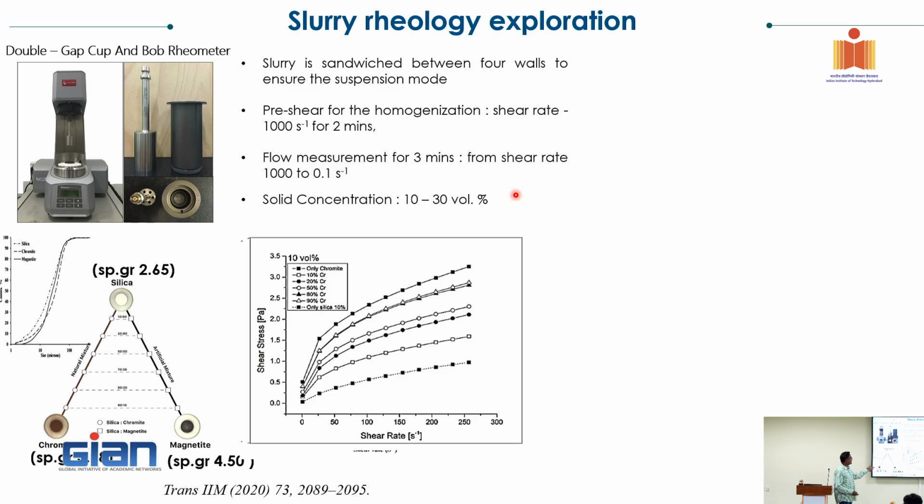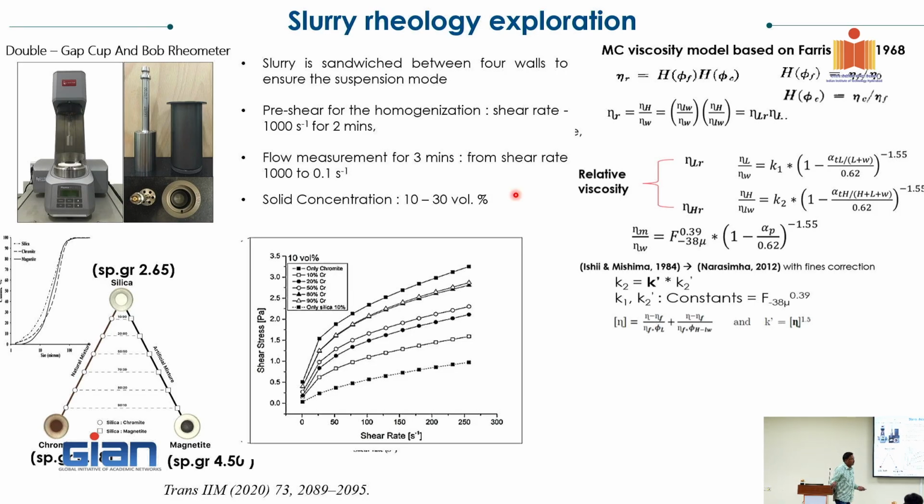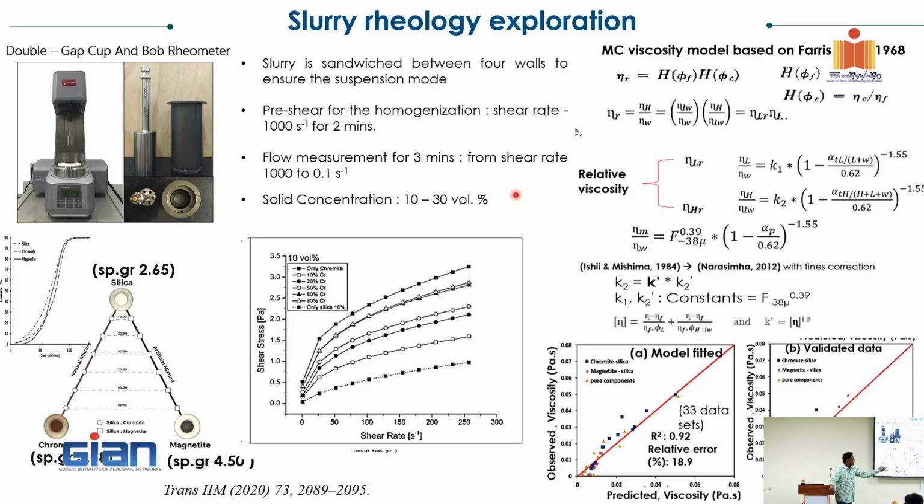This is for the chromite and silica combination, and we have also modeled that data with a possible rheological model. Finally, this model we can use in CFD to predict your performance behavior.